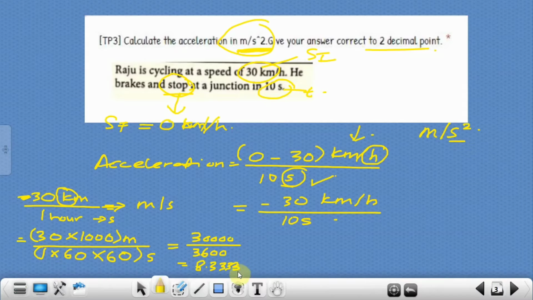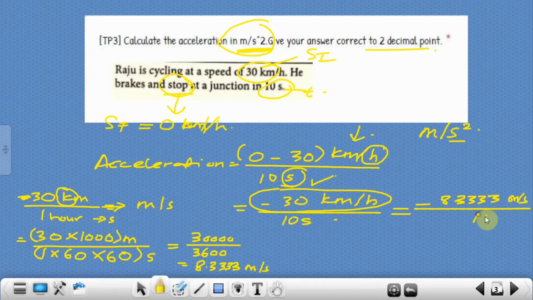8.3333 meter per second. So now what do you do? You just change this one into negative 8.3333 meter per second divided by 10 seconds.